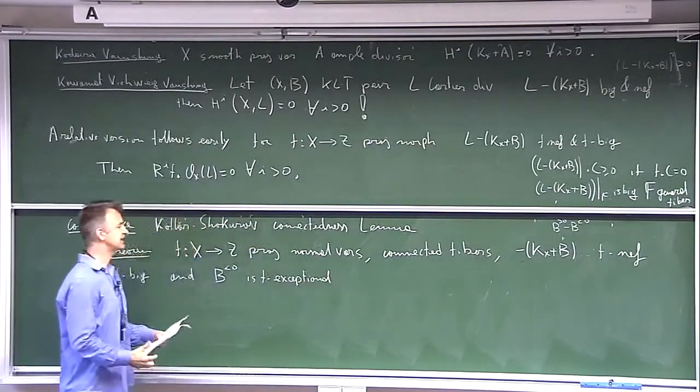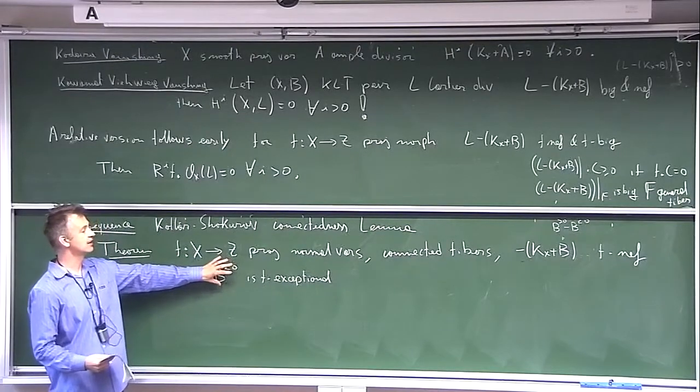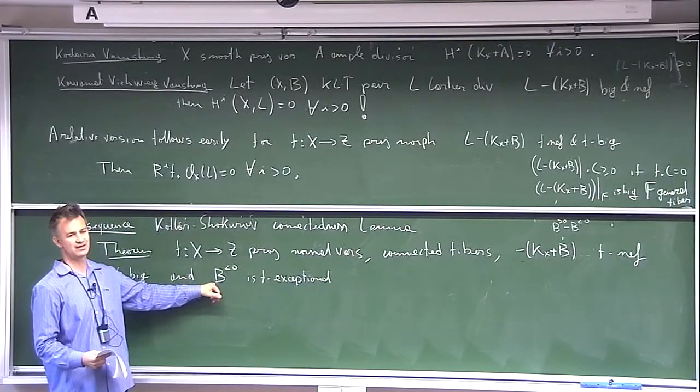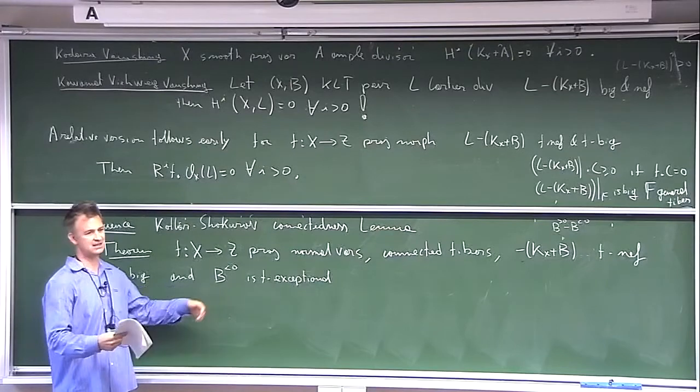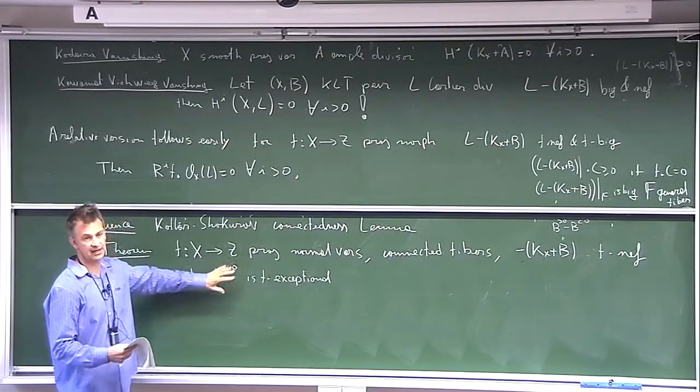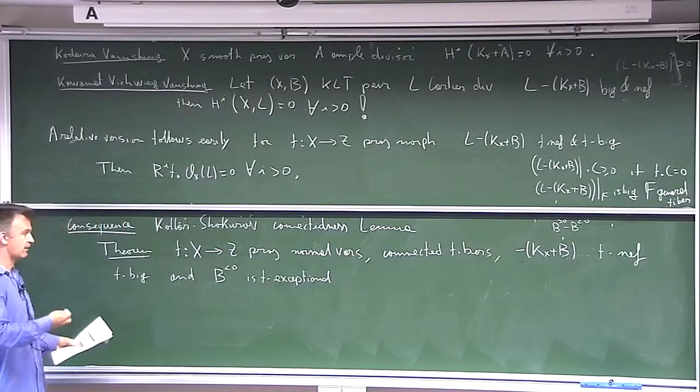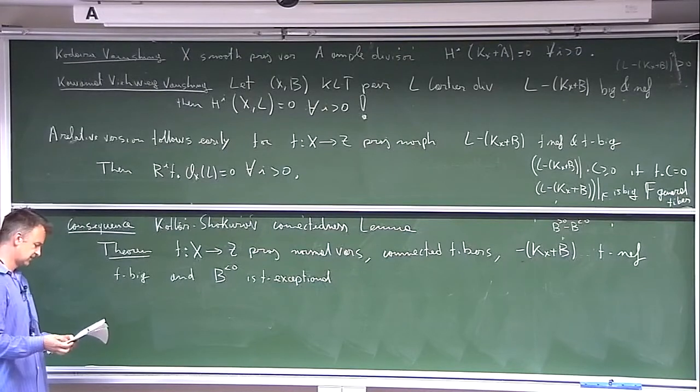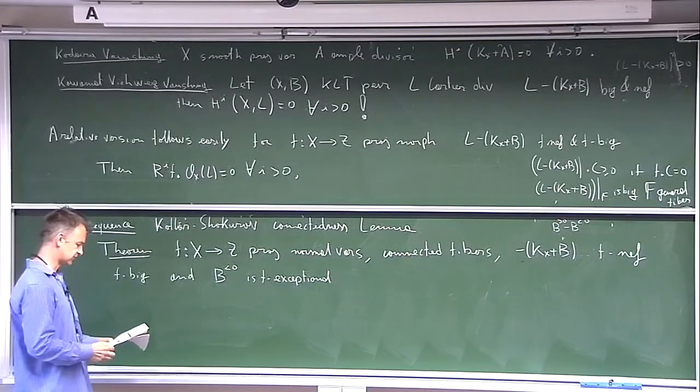I could even state it without the B, but it's much easier to prove if you state it this way. So the more complicated statement makes it easier to prove. You can ignore this for the time being if you want. Just a pair with positive coefficients, which is f-nef, so a relative Fano situation.